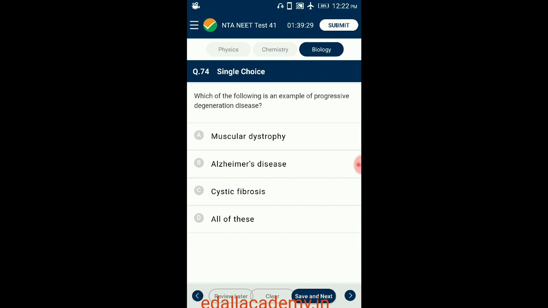Alzheimer's disease is a progressive degenerative disorder that causes brain cells to waste away, that means degenerate, leading to dementia. Cystic fibrosis is also called a hereditary progressive degenerative disorder that affects the lungs and digestive system. Thick and sticky mucus blocks the lungs, obstructing the pancreas. So the answer for this question is all of these are examples of progressive degeneration diseases.